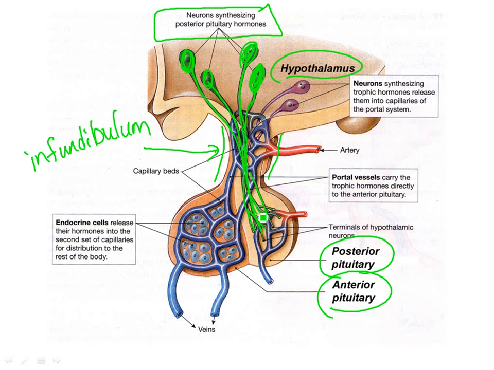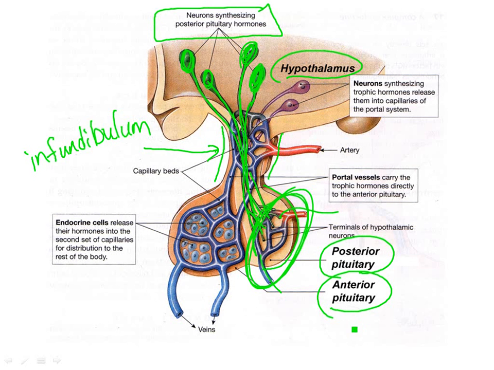I think I said stored in the hypothalamus a while ago. That's not right if that's what I said. They're made in the hypothalamus, stored in the posterior pituitary. Okay, then when those hormones need to be released, they're released into this capillary bed, and then, of course, out to the bloodstream, out to the body. All right, we'll talk more about those hormones in just a moment.